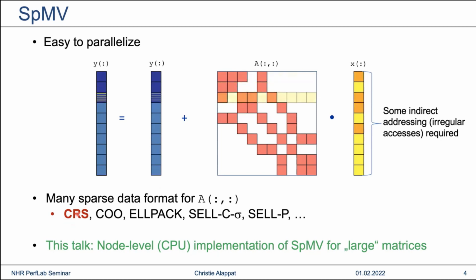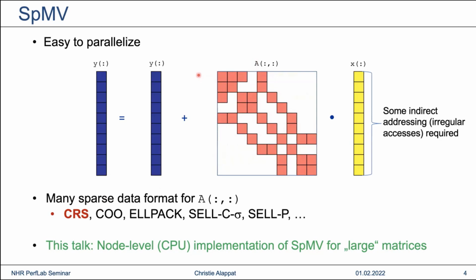And so there are many sparse data storage formats to store the matrix A. The most common one, and I would say the gold standard for CPU, is CRS or compressed row storage data storage format, where we store the non-zero entries of the matrix A row-wise.